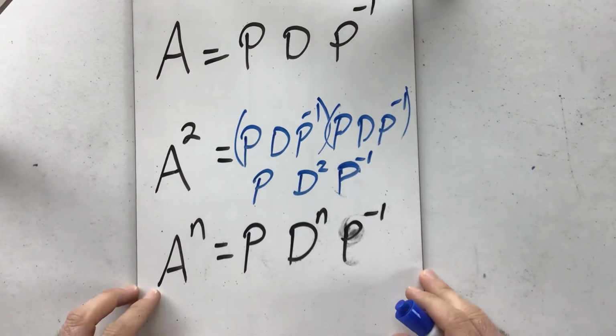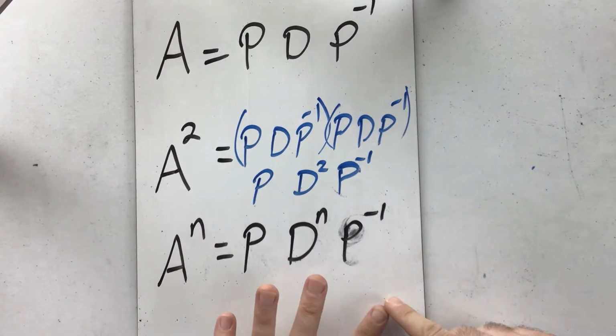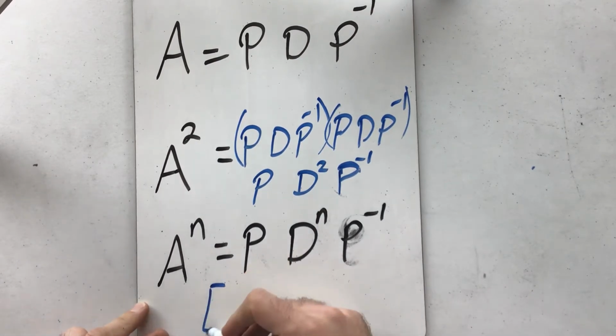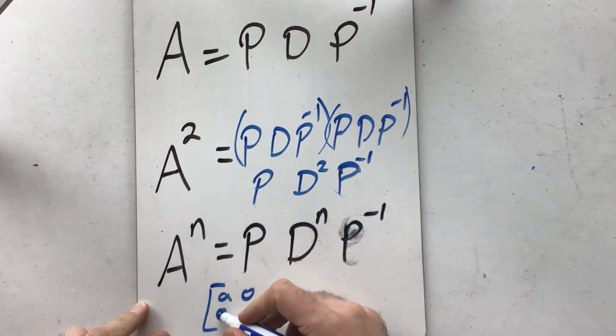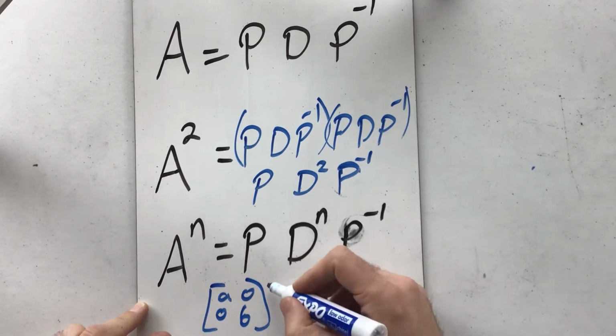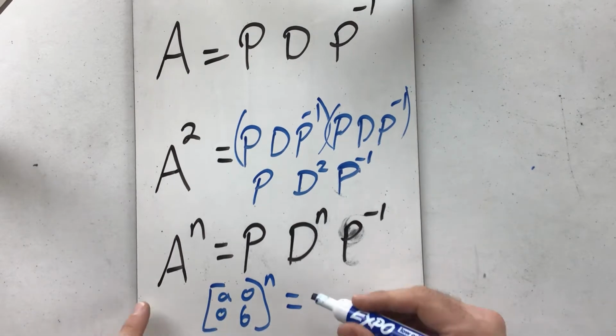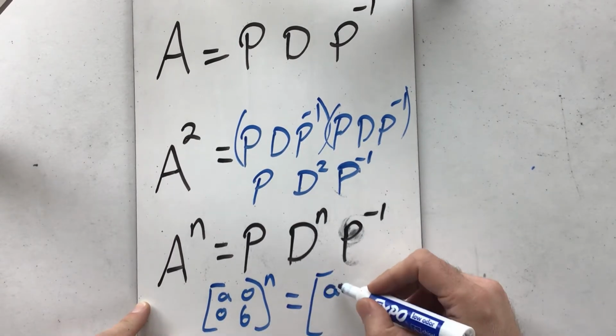The nice thing is that raising a diagonal matrix to a power is pretty easy, because if your matrix is A, 0, 0, B, and you want to raise it to the n power, you just end up raising the individual terms to the n power.